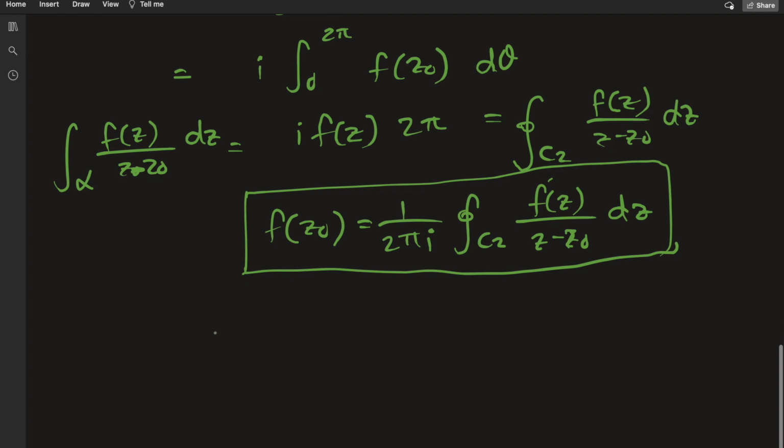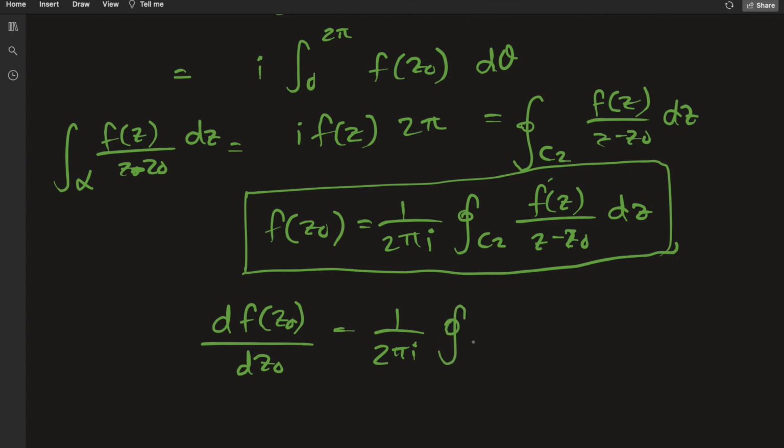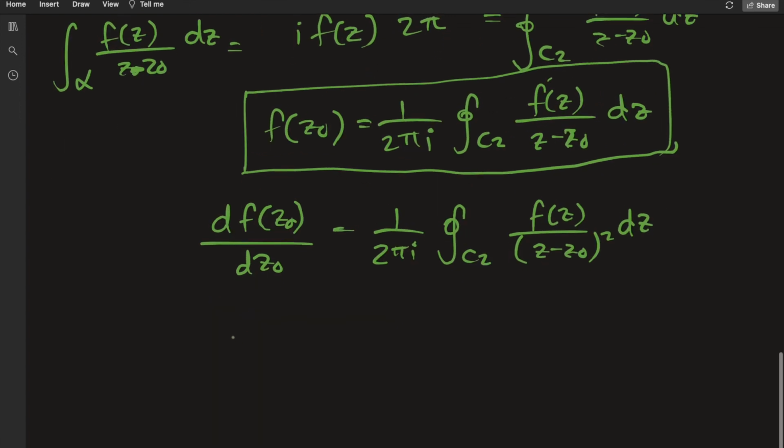And I think some extra steps. If you differentiate with respect to z naught, for example, it's a crazy idea, but let's just do it. You have 1 over 2 pi i times the contour integral over C2 of f of z over z minus z naught squared dz. And you can generalize this to an nth derivative.